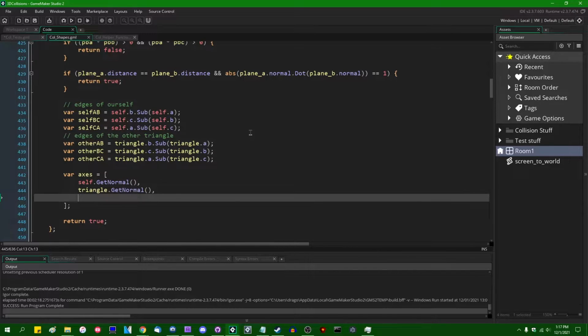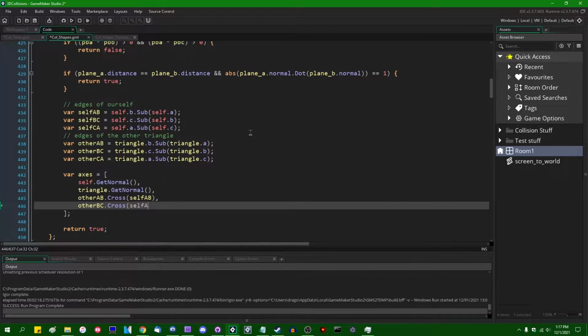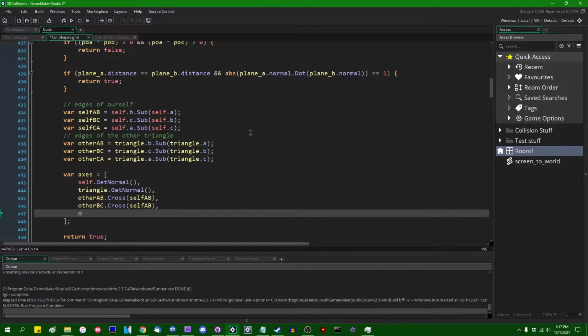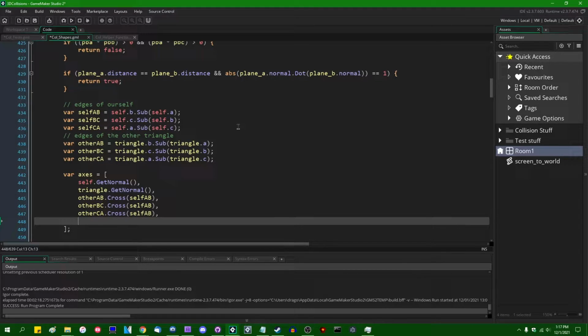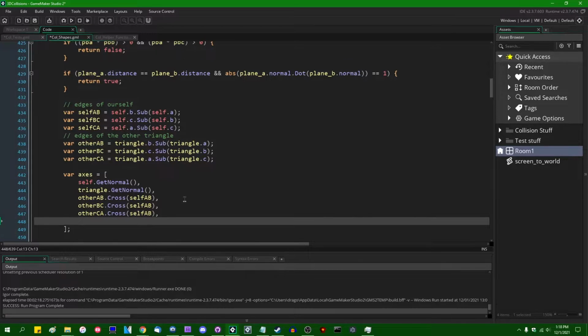And the other 9 axes are going to be, for example, other AB dot cross self AB, and then other BC dot cross self AB, and then other CA dot cross self AB, and then you can see where this is going. We're going to cross each of the edges of one triangle against each of the edges of the other triangle.